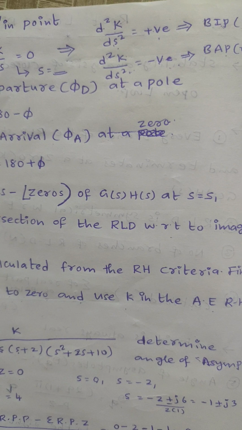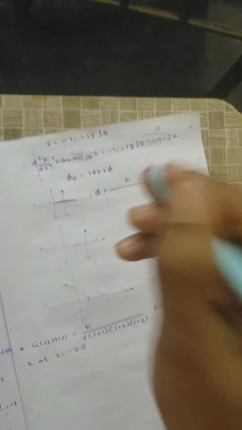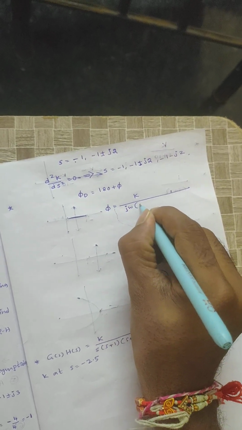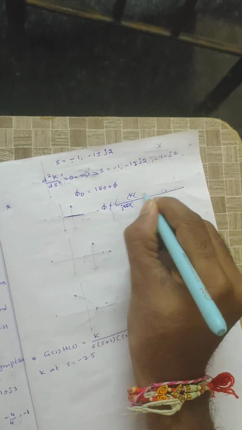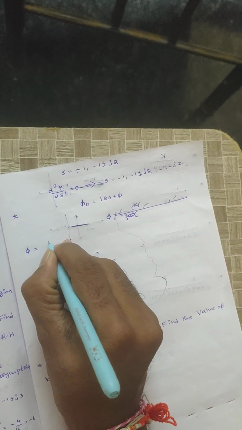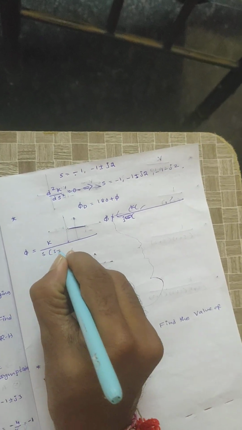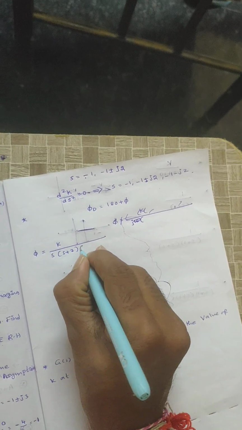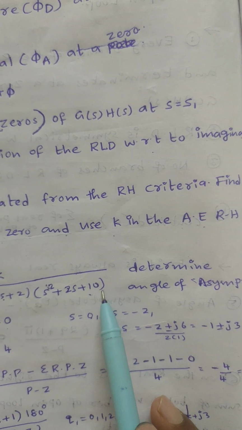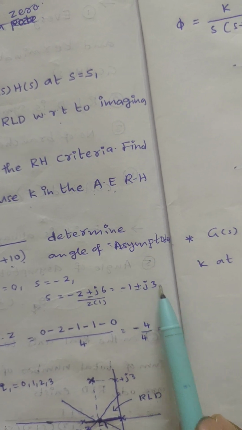K by, in place of s I can substitute j omega, phi is equal to some constant, k by s into s plus 2 into, see here, already the roots of s square plus 2s plus 10 are calculated, -1 plus or minus j root 3.